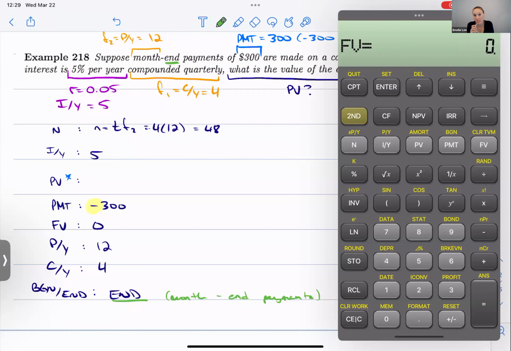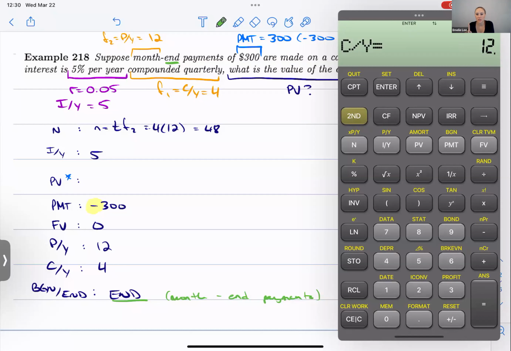So I have to go into the second menu. Second, and then the interest per year button is the payments per year menu. It's already set to 12, so that's great. If I wanted to change it, I can hit 12. Remember, in the second menu, we have to hit enter or set. So enter, then the equal sign appears, and then it's saved. Scroll down, so use the down button.